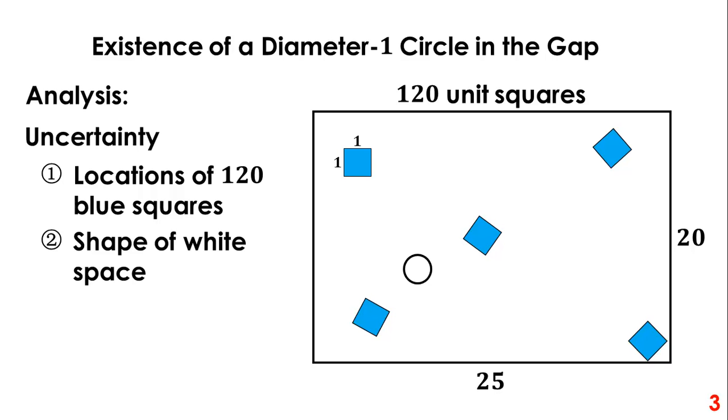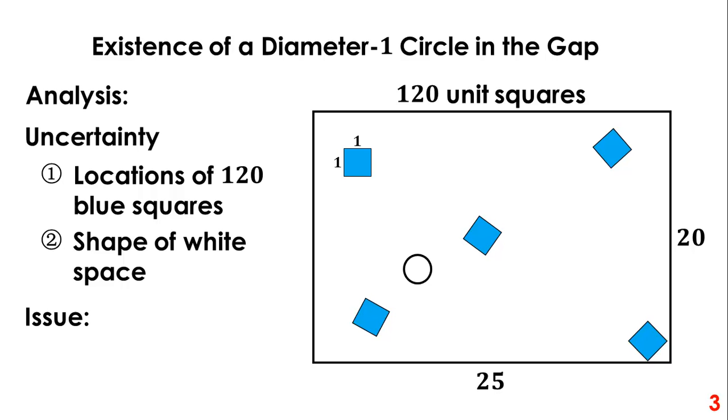Next, the shape of white space. After you remove the space occupied by those 120 blue squares, what is the shape of the remaining white space? It is very hard to describe it. Another uncertainty here.